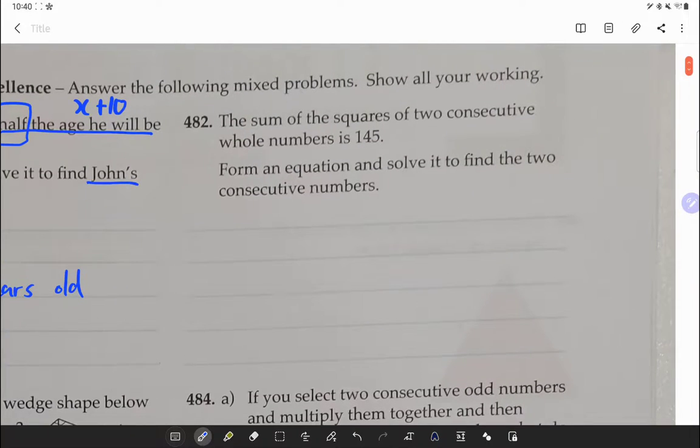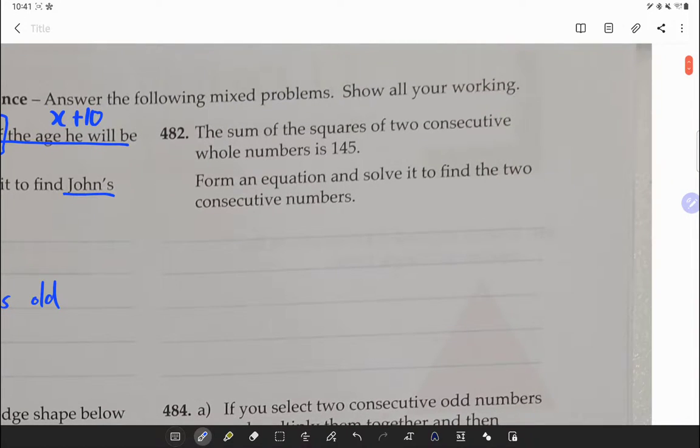The sum of the squares of two consecutive whole numbers is 145. Form an equation and solve it to find the two consecutive numbers. Okay, two consecutive whole numbers, right?